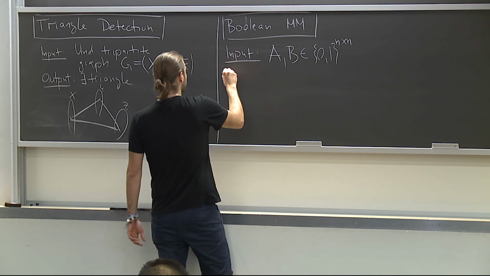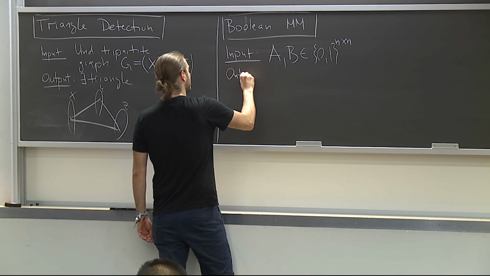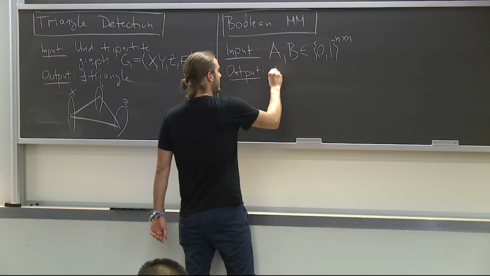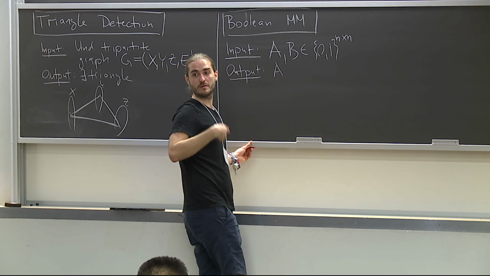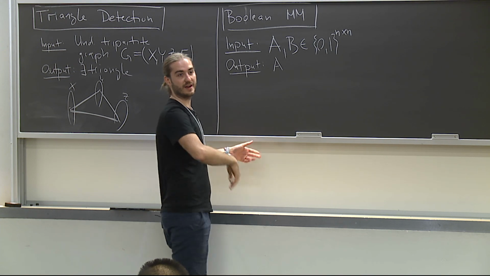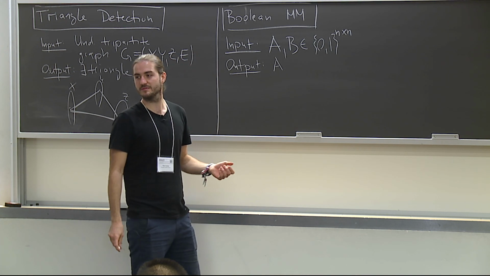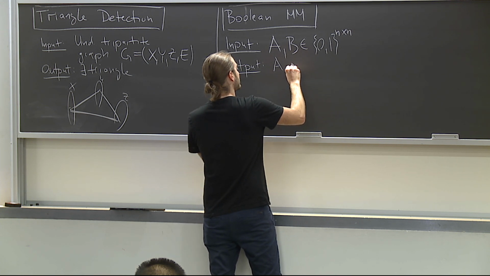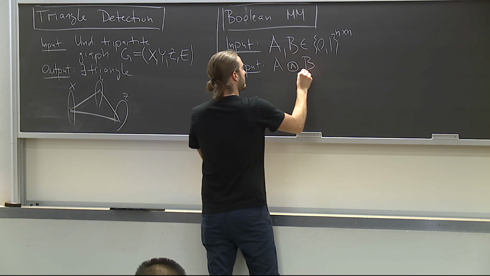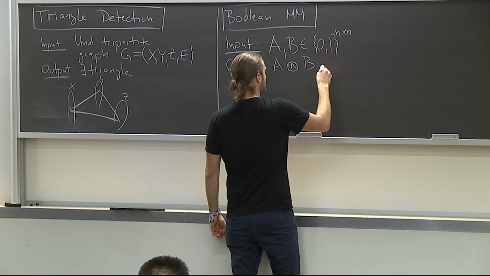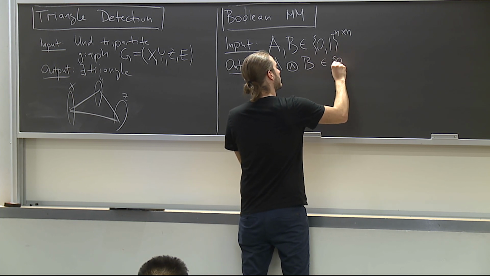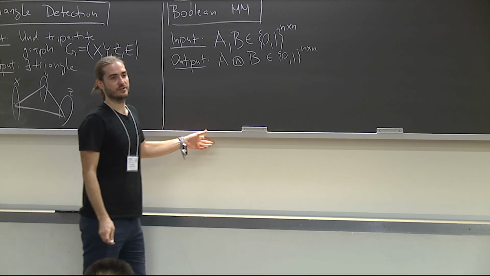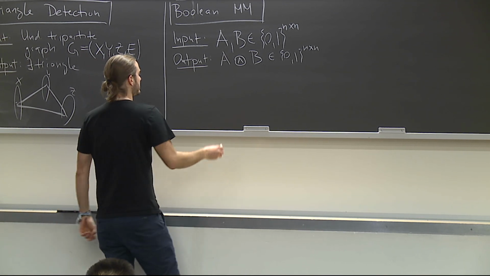And the task is to compute their product, but not exactly their integer product, but their Boolean product. So I'm now going to define another matrix product following a very similar style. Let me denote it by this symbol. Whatever, you can take any symbol, it doesn't really matter. It's also a 0-1 matrix of size n by n. And it's defined like this.